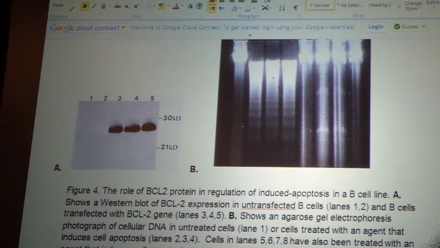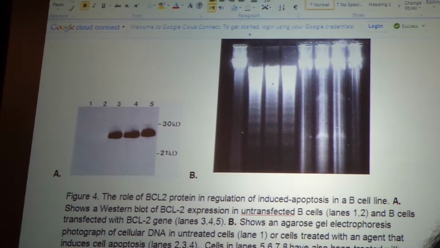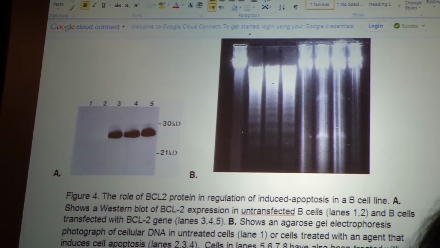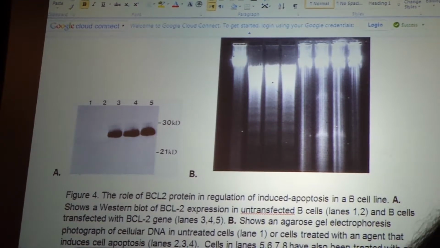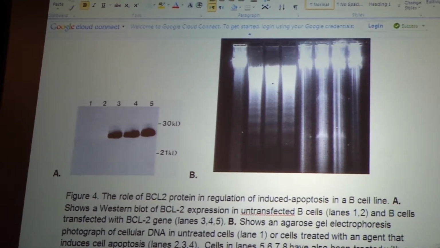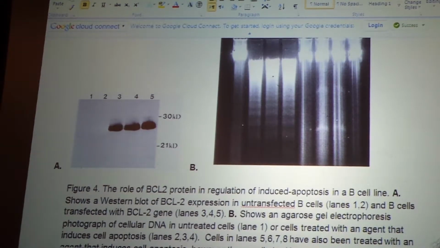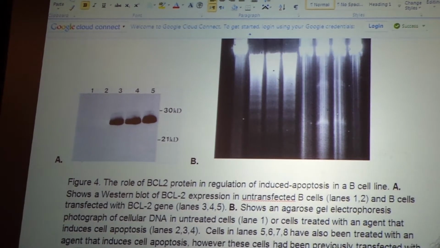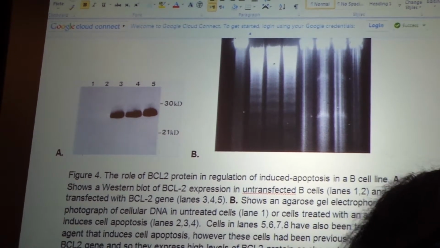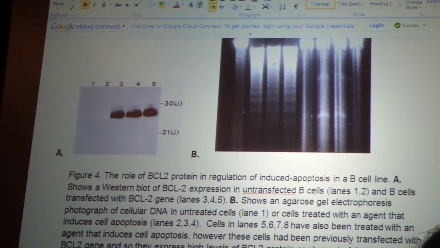And then B shows an agarose gel electrophoresis photograph of cellular DNA in untreated cells, and in cells treated with an agent that induces apoptosis, that's lanes 2, 3, and 4. And then it says cells in lanes 5, 6, 7, and 8 have also been treated with an agent that induces apoptosis.